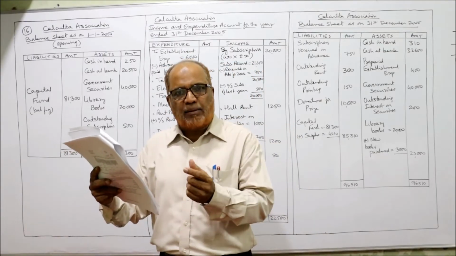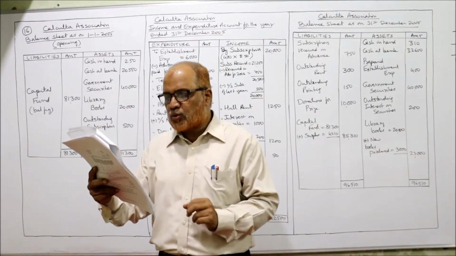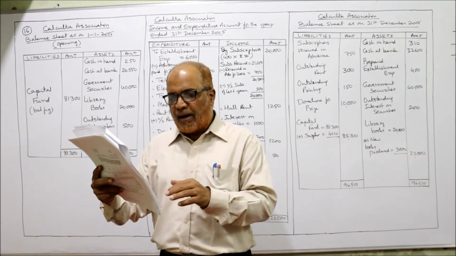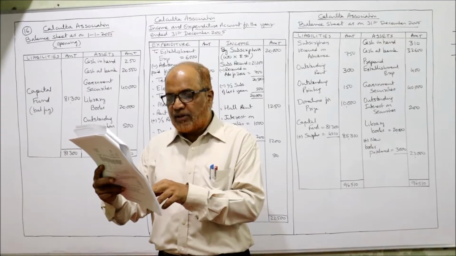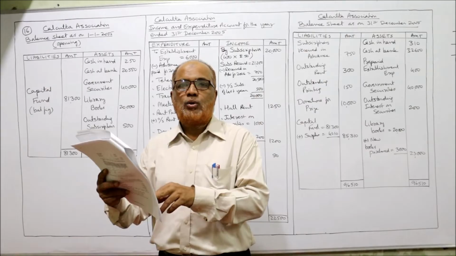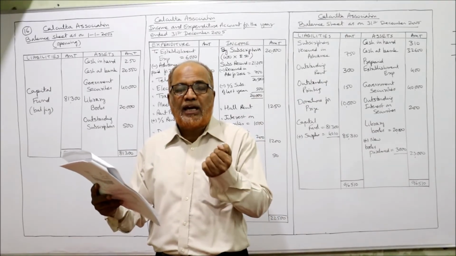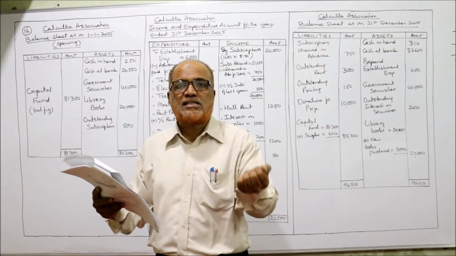Receipt side, debit side. To opening balance, cash in hand 250, cash at bank 20,550. Apart from that, subscriptions received 21,250, including for 2006. 2006 means next year. We have received some subscription in advance for the next year.